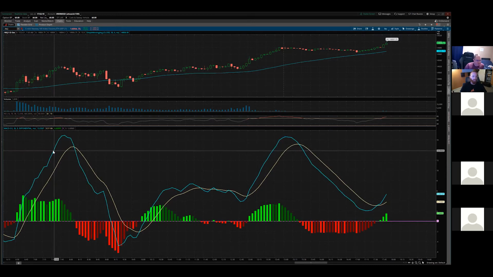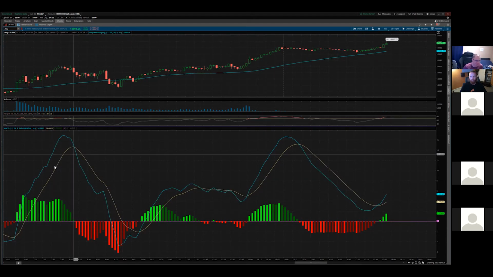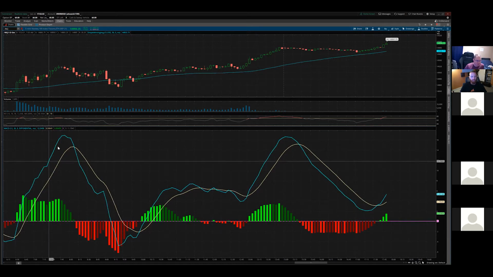Okay, so basically this yellow line is a longer simple moving average. So this is 26 time frames. So 26 times 5, that's how many minutes it is. This is 12. So what it's doing is it's looking at the closer trades compared to the long term.